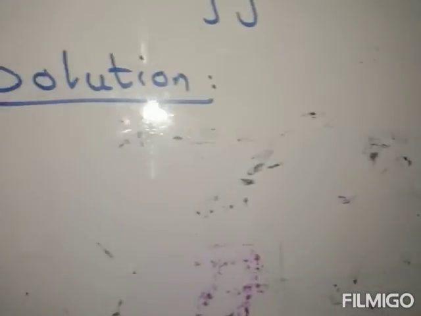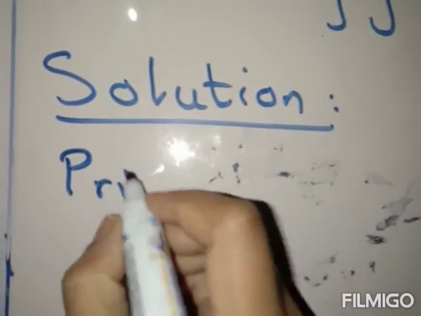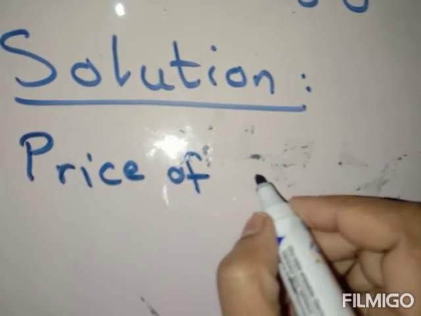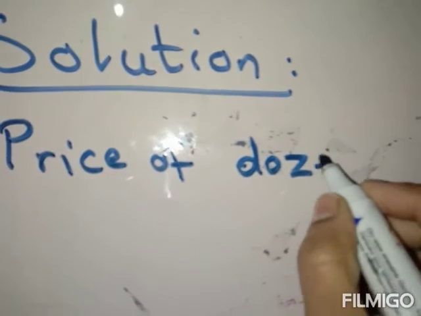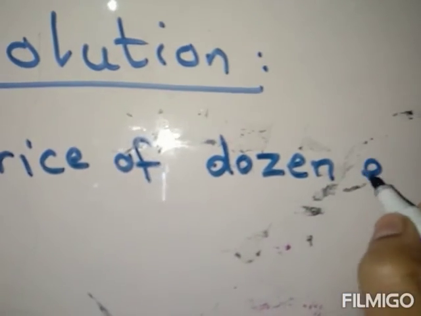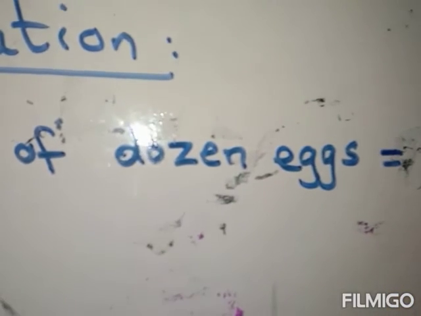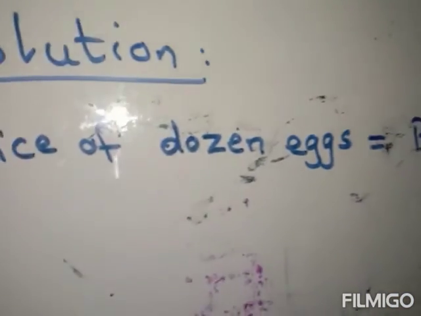So keeping that in mind, we will write price of a dozen eggs is equal to rupees 36.